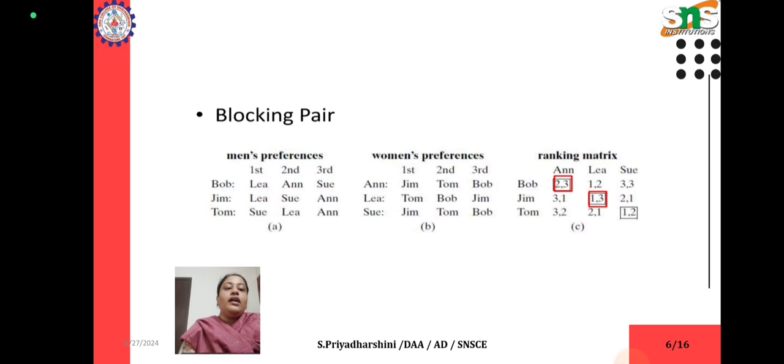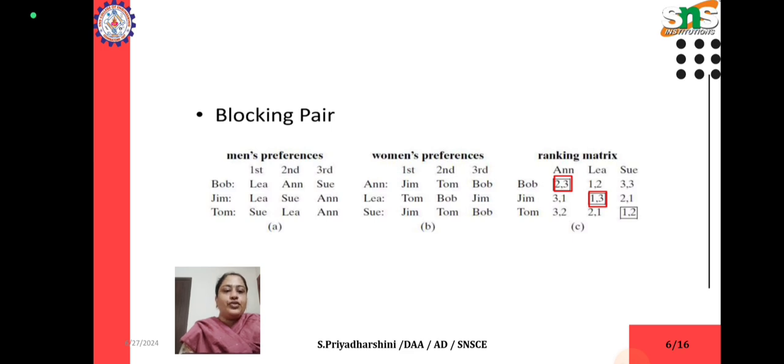I repeat, for Bob and Lee. In the men's preference for Bob, Lee is his first preference, and for Lee, Bob is the second preference. So the number would be 1, 2.